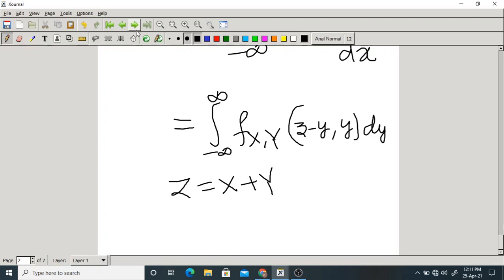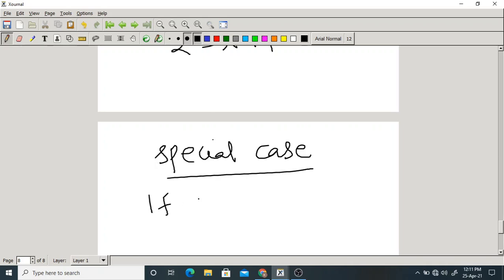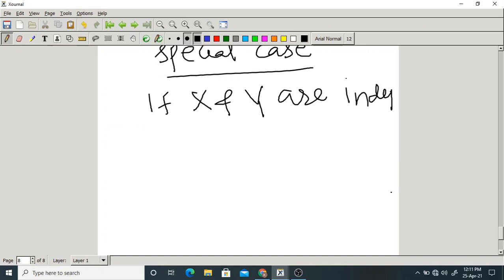Now here, we will take a special case. What is the special case? If x and y are independent. You know already that if they are independent, the joint PDF is nothing but the product of the two marginal PDFs.